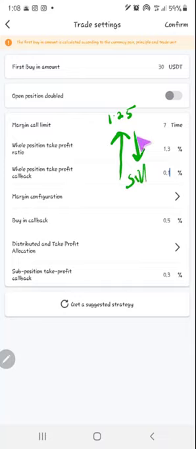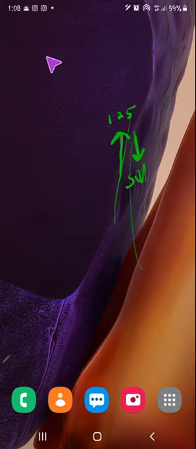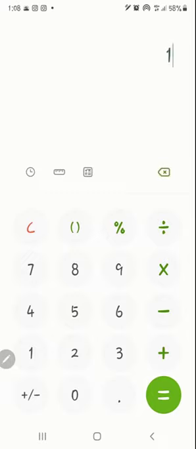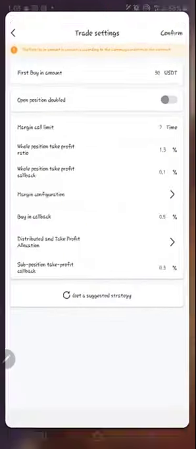Because when you do 1.25 minus 0.1, you can see the robot will still give you a profit of 1.15%. It is far better than losing everything. All right, so let's go back to our video.